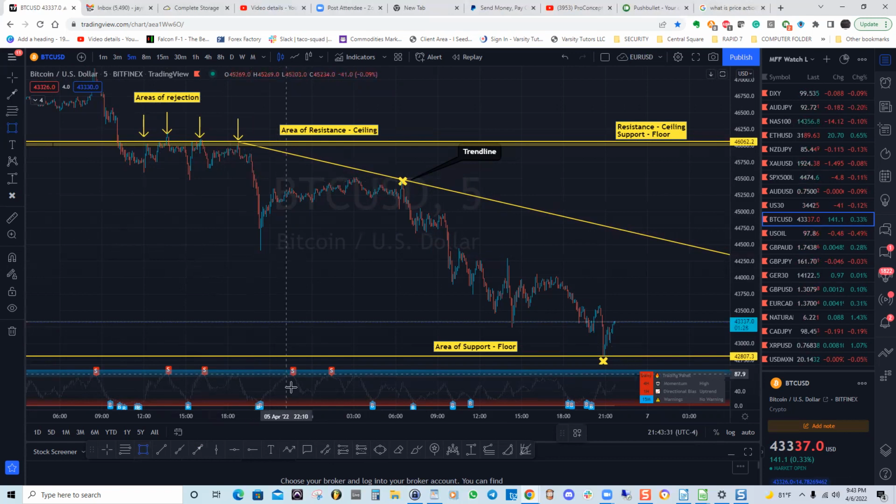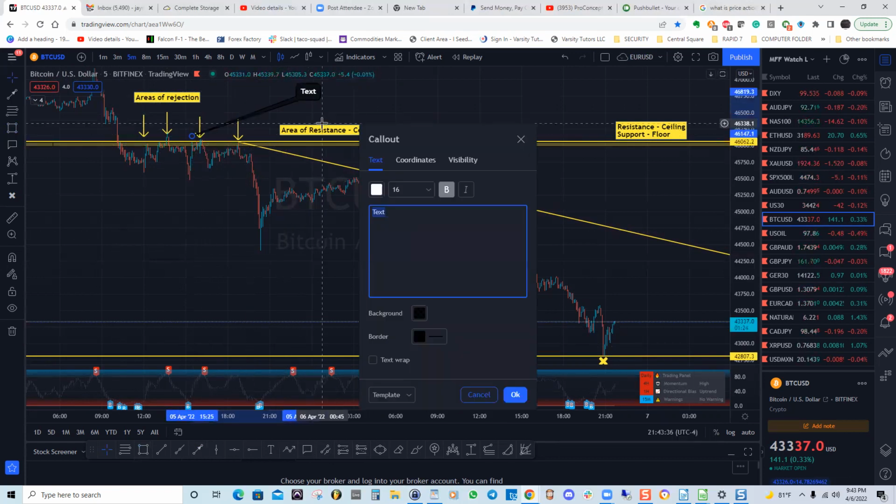So I'm going to do a little call out right here, right? And you can see price retested the zone 4 times, right? At least 4 times.